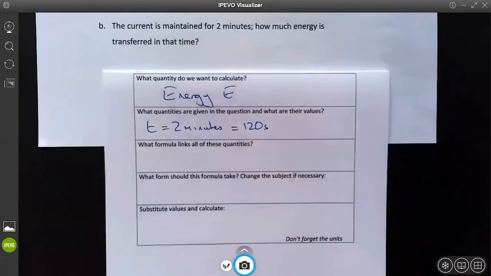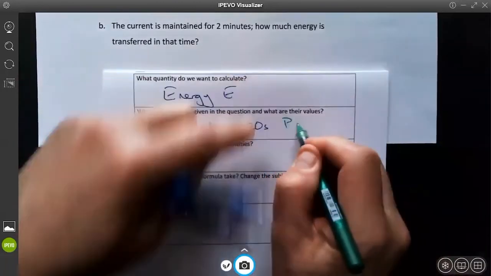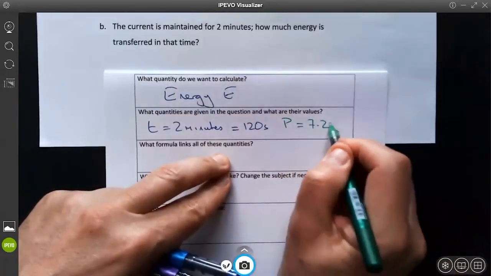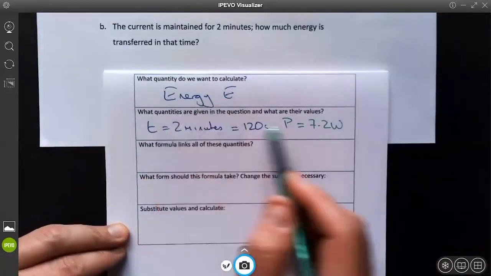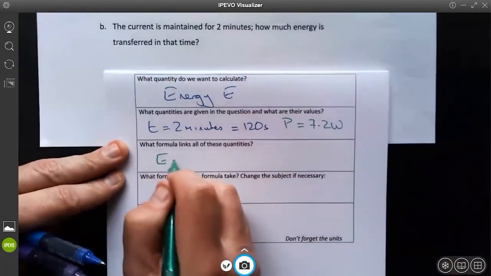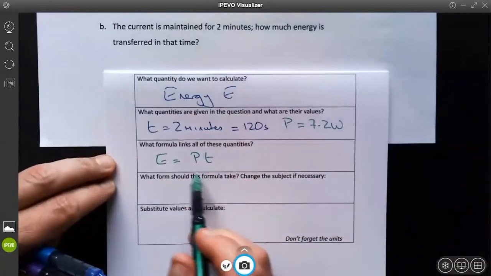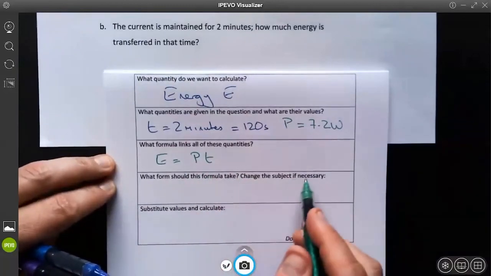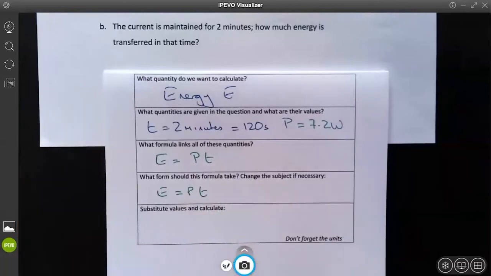And what we're also going to do is take the value we arrived at in the previous part, which was power equals 7.2 watts. Now, the formula which links energy, power, and time is energy equals power times time. As with the previous part, there's no need to change the subject, and so it just remains as energy is power times time.